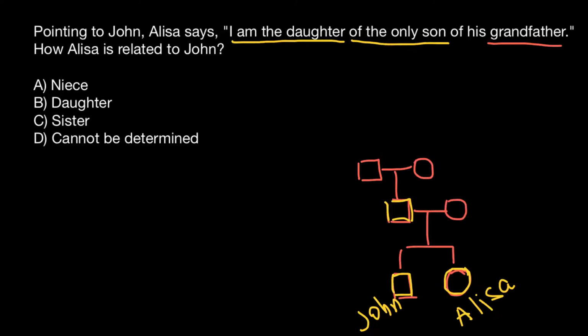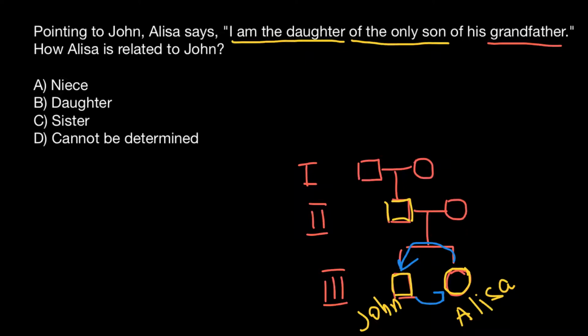She is the daughter of the only son, so John is her brother. So we can say that she is John's sister. But actually this is not the only variant possible. So this is generation number 1, number 2, and number 3.